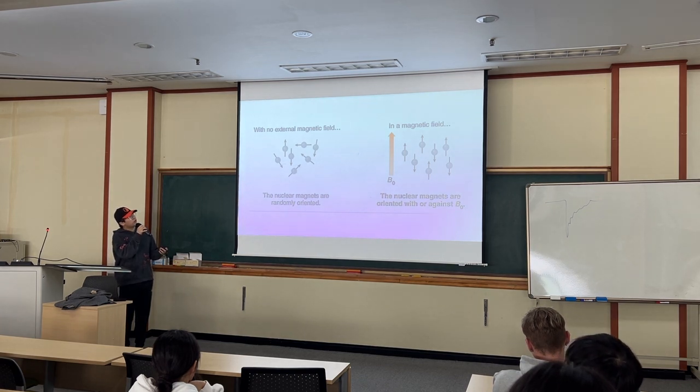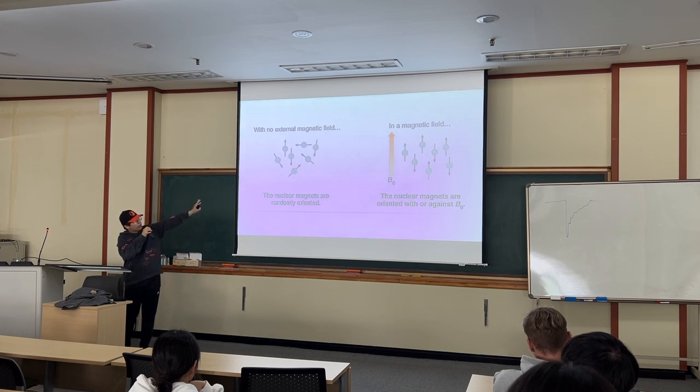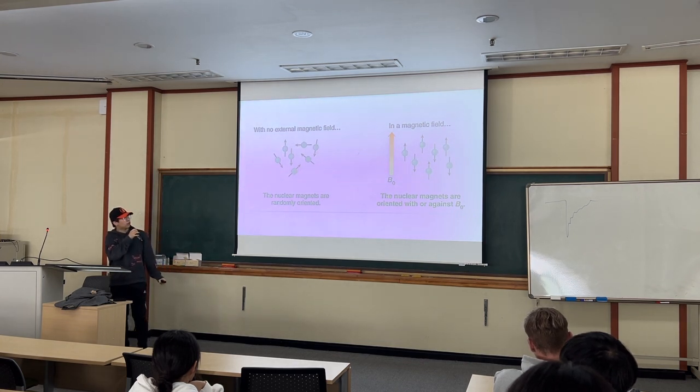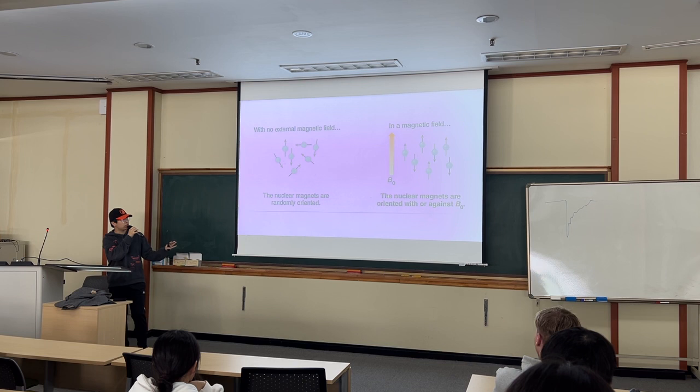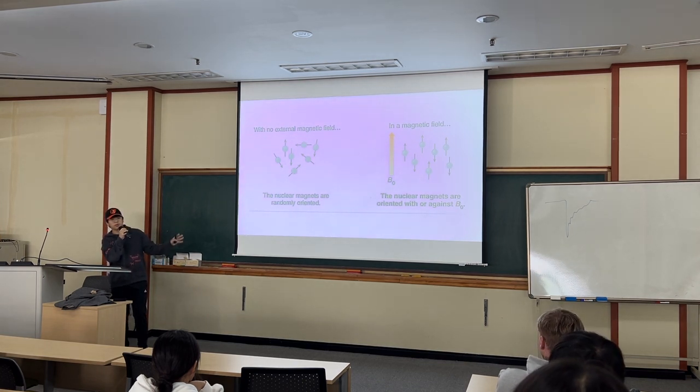If there's no magnetic field, like the left picture, the nuclear magnets are random and have no direction.